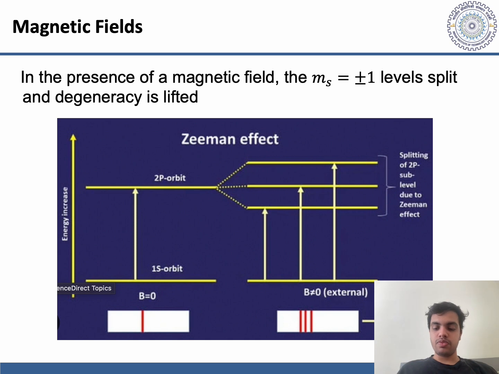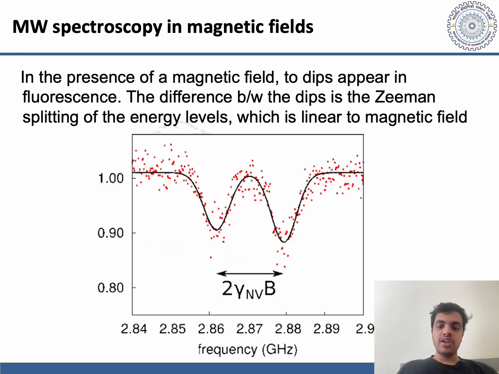So what are the consequences of that? Because the degeneracy is lifted, there are now two microwave transitions that can happen. Earlier there was only one, so we saw only one dip in the microwave spectroscopy, but now there are two transitions that can happen. So you start shining microwave radiation as well as green light, and you get back red light, and you keep on noting its intensity.